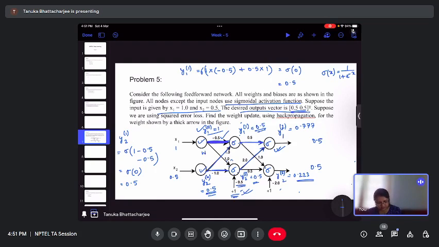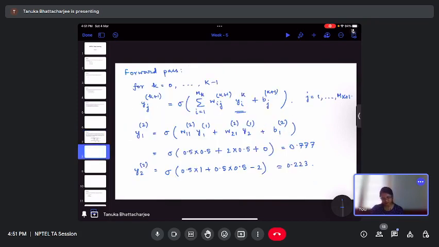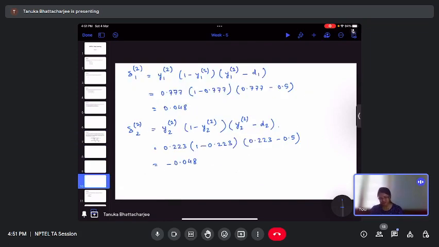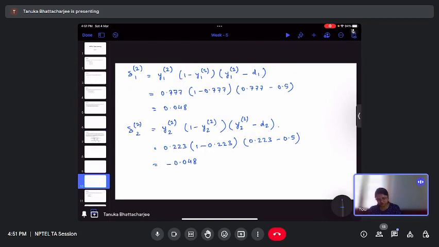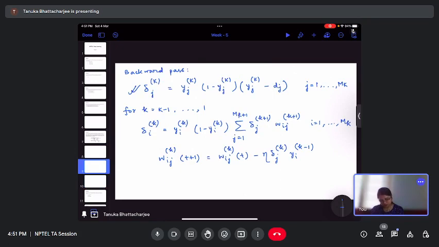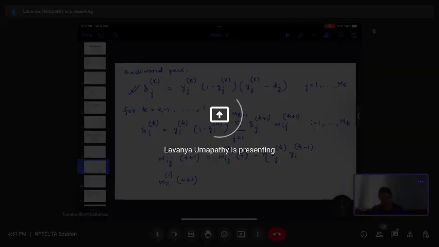This is basically W111, connecting the first neuron of the first layer to the first neuron of the next layer. So you have to compute that one. If you see this particular formula, here you have to compute W111 at t plus 1.